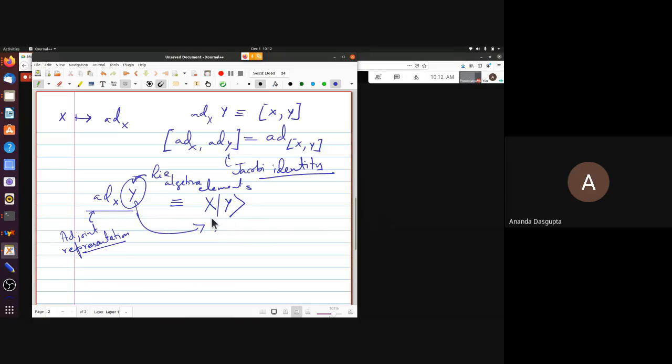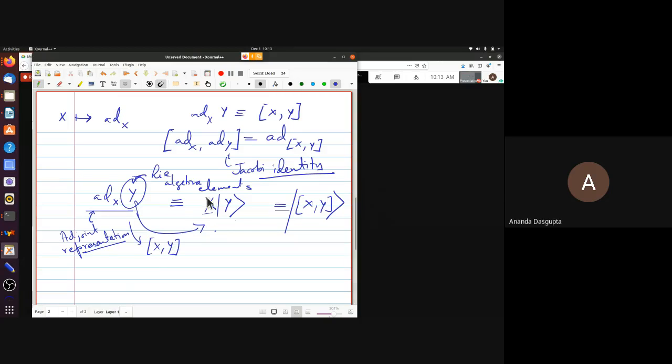And what he's saying is, since the generators themselves act, so let's say the generator X acting on a state given by generator Y, which really is the same as [X, Y]. Because ad X acting on Y really means [X, Y].